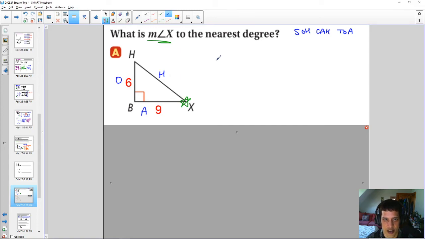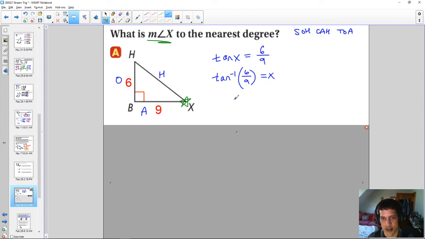We've got tangent of angle x is equal to opposite over adjacent, opposite is 6, adjacent is 9, so 6 divided by 9, which means that now we can write the inverse. Tangent to the negative 1 of 6 over 9 is going to be equal to x. So the inverse tangent, we plug in our ratio and we get our angle.